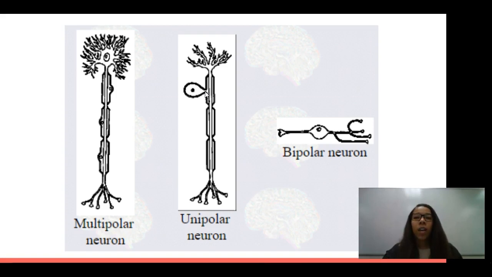Here we have a dendrite, and here we have an axon. Multipolar, you have multiple things extending from this cell body. Here's our cell body. Here we are going to have our axon. That's one process. Here we have multiple dendrites extending from our cell body. That's where the multiple is, and one axon.